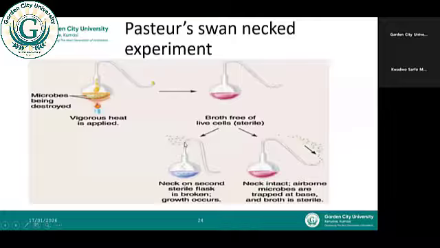But if you break the neck of this flask, because of the exposure of these microorganisms to your wine or your food, it goes bad. So growth of microorganisms will occur. Again, if you don't break the neck, it stays intact.